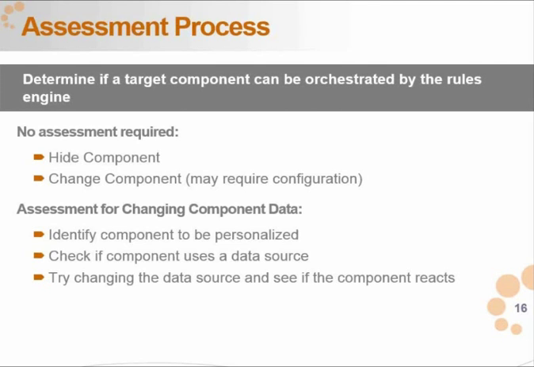For some cases, if you want to change the data for each component, we will have to assess the component. First, we have to identify what component you want to change the data in your website, and then we check if that component is already using the data source or not. If not, then it requires some code changing. You have to go back to the developer.